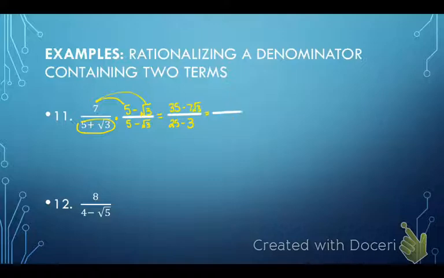Last thing, we need to simplify the bottom. So I have 35 minus 7 square root of 3 all over 22. If you can simplify anything, simplify it, but make sure you simplify everything.